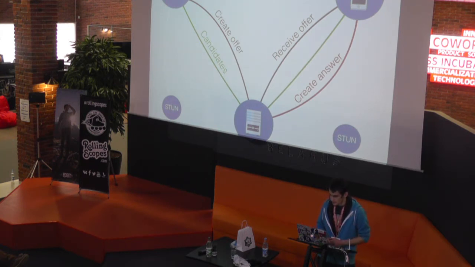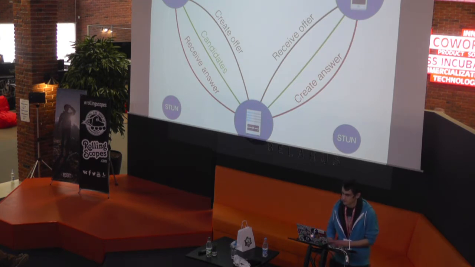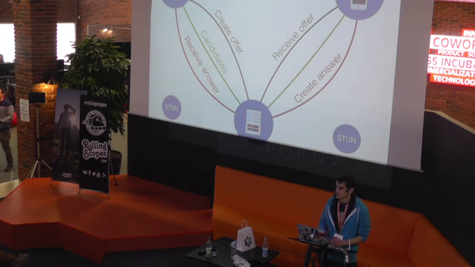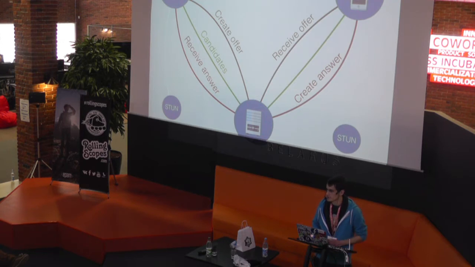When it's done, the answer needs to be sent back over the signaling, and the first client will receive the answer. So you can imagine that you come to a conference, you have your business card, the other person has a business card, and you exchange those business cards, and let's see what you can deal with together.